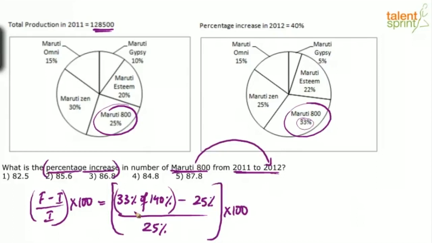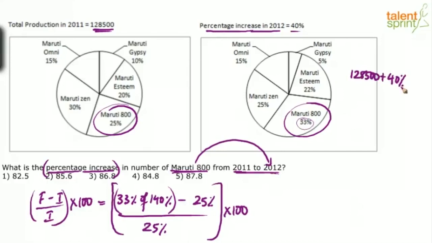Otherwise, simplify that. Somebody says, can you please explain how you are taking 140%? I think you have joined late, Madan. We had discussed this in the introduction part of this question, that he says the percentage increase in 2012 is 40%. That means the total value for 2012 of Maruti cars is how much? It is 1,28,500 plus 40%.